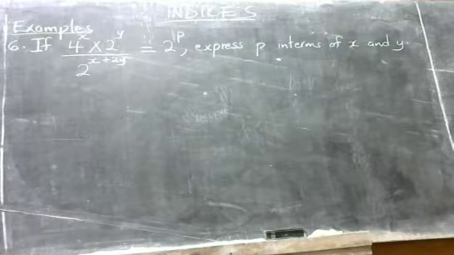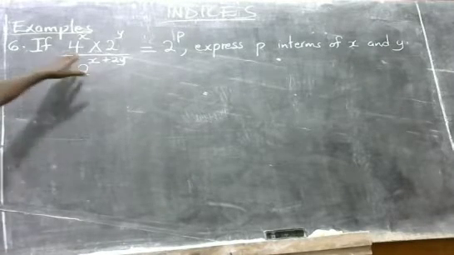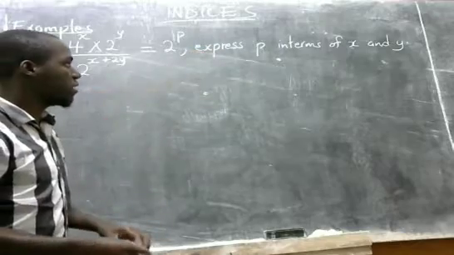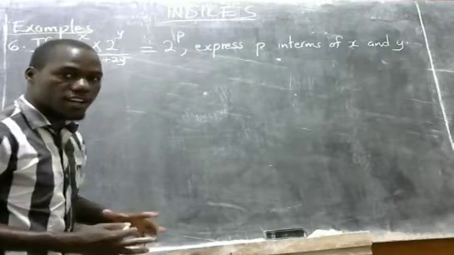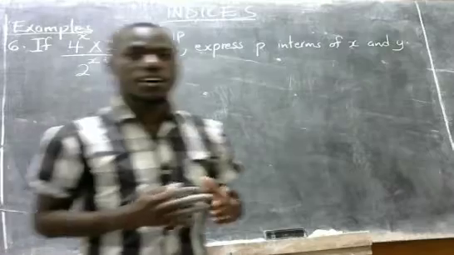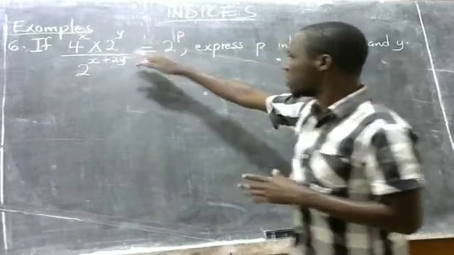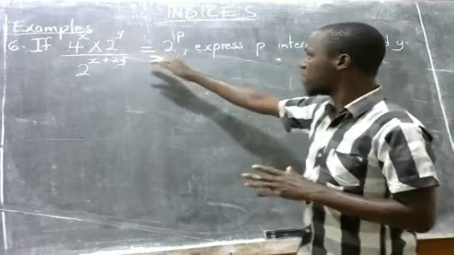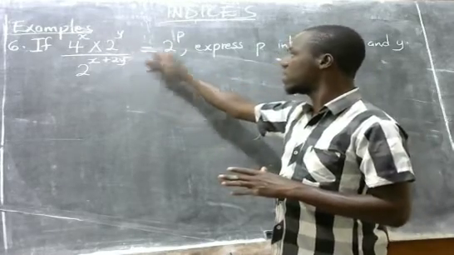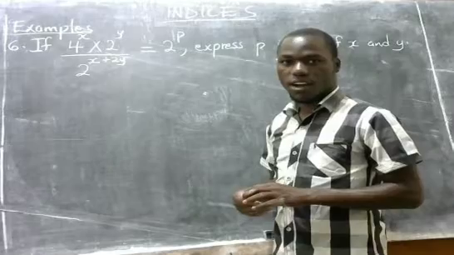Example 6 there. If that one is equal to that, express p in terms of x and y. So here they want us to simplify. Then we see when we are having the same base numbers, then we can now equate the powers there.